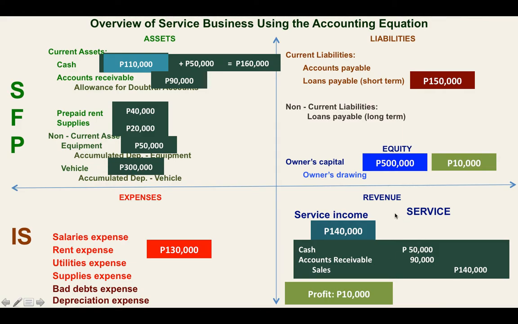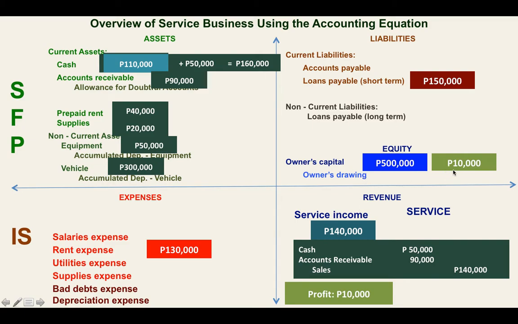Closing of revenue and expenses, or the nominal accounts, would make the balances of all these accounts zero so that in the next calendar year or reporting period, revenue and expense will have a zero balance.